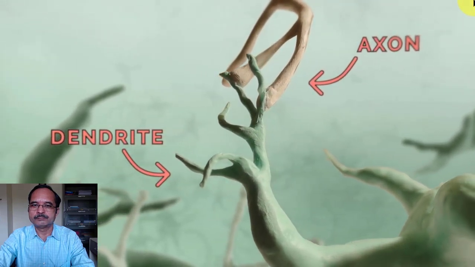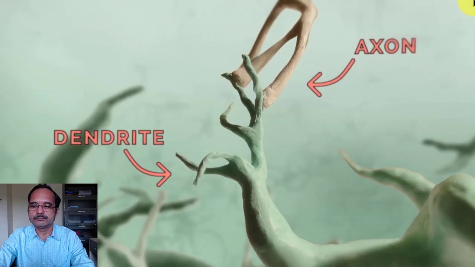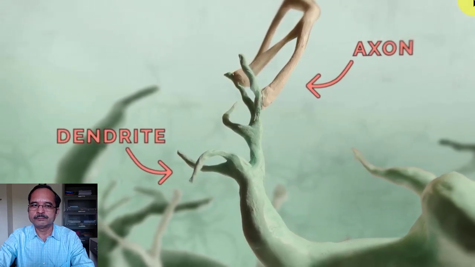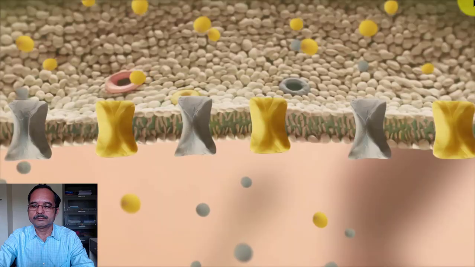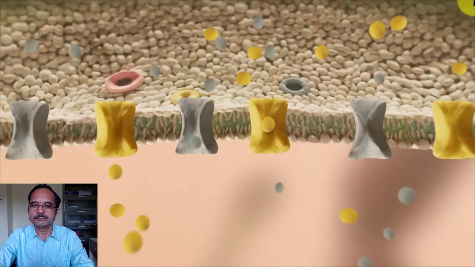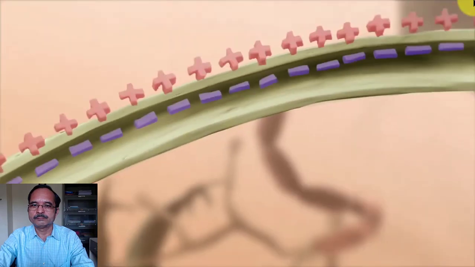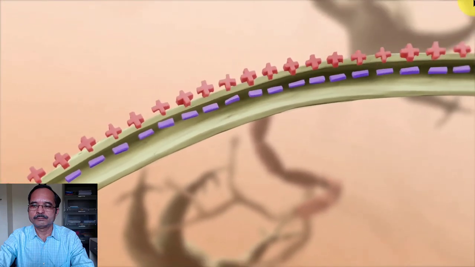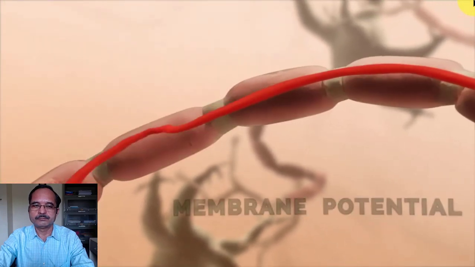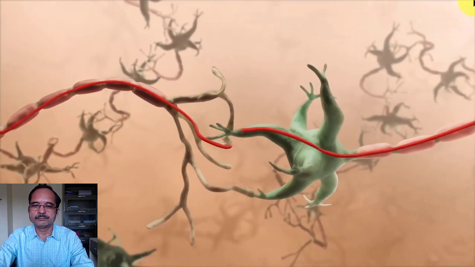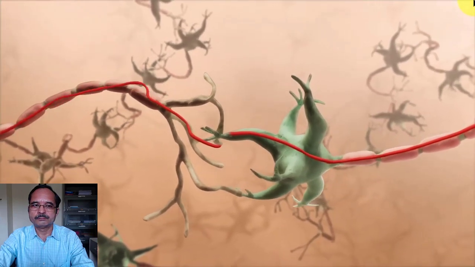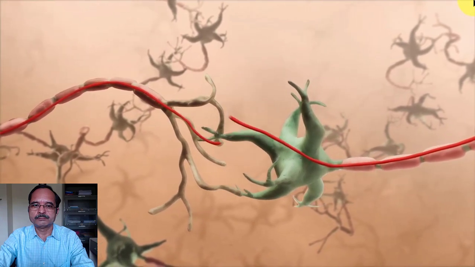The word dendrite comes from the Greek word dendron, meaning tree, and as you can see, the dendrites have a branching, tree-like structure. A signal received by a dendrite is passed to the cell body. If there is sufficient depolarization of the cell body membrane to initiate an action potential, then an action potential is sent down the axon. The axon then carries the propagating action potential to another neuron.